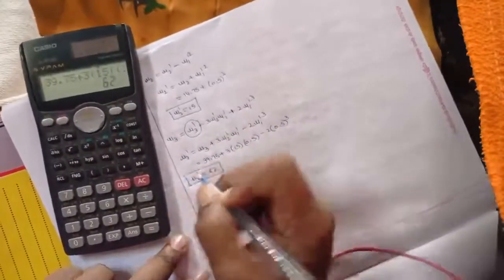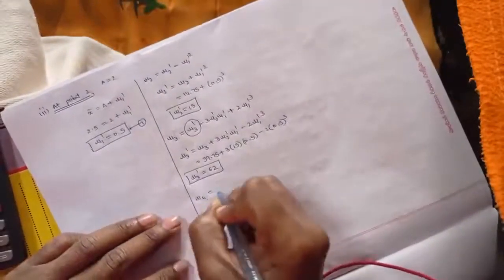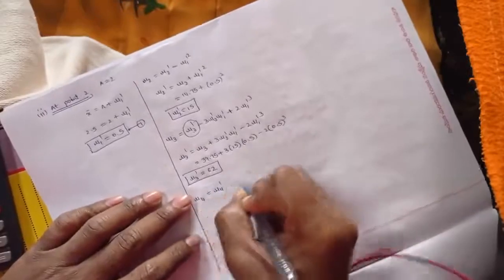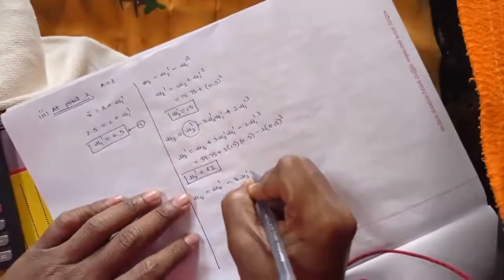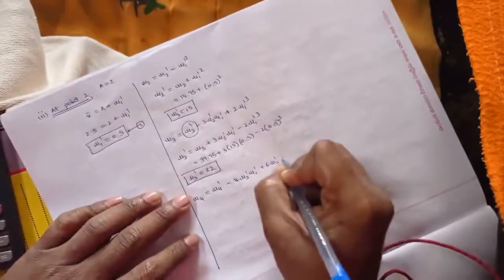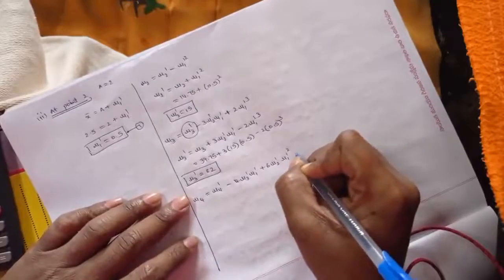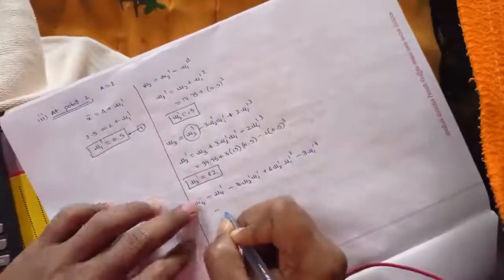So let us find mu 4 dash also. Mu 4 dash is equal to mu 4 minus 4 mu 3 dash mu 1 dash plus 6 mu 2 dash mu 1 dash square minus 3 mu 1 dash power 4. So what is mu 4 dash? We don't know.